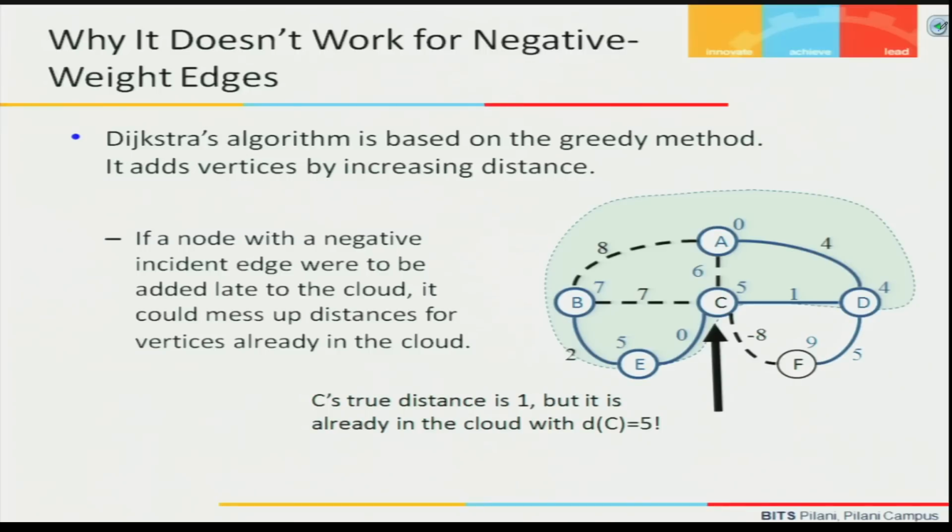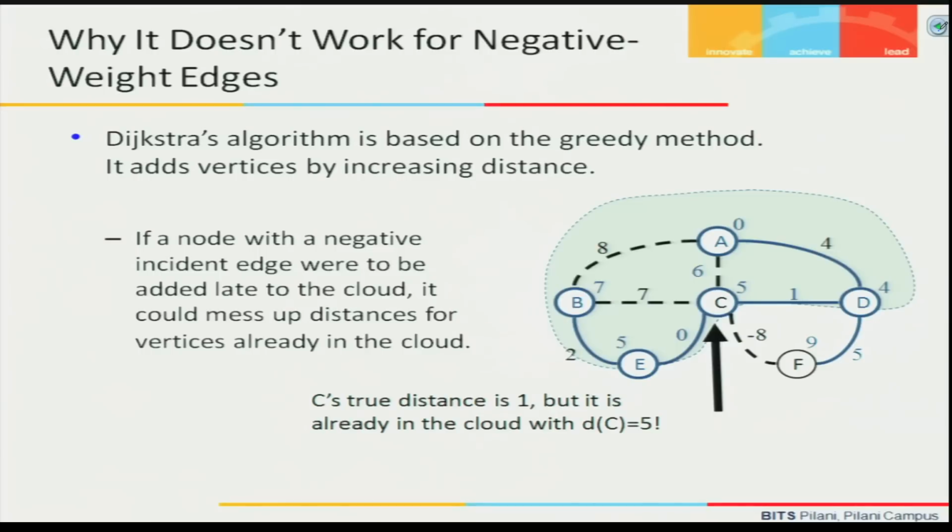Now, it is easy to see that Dijkstra's algorithm does not work when we have negative weight edges. The algorithm we have seen is based on adding vertices by increasing distances. If a node with a negative incident edge were to be added late to the cloud, it could create problems for the estimates of the vertices which are already in the cloud.